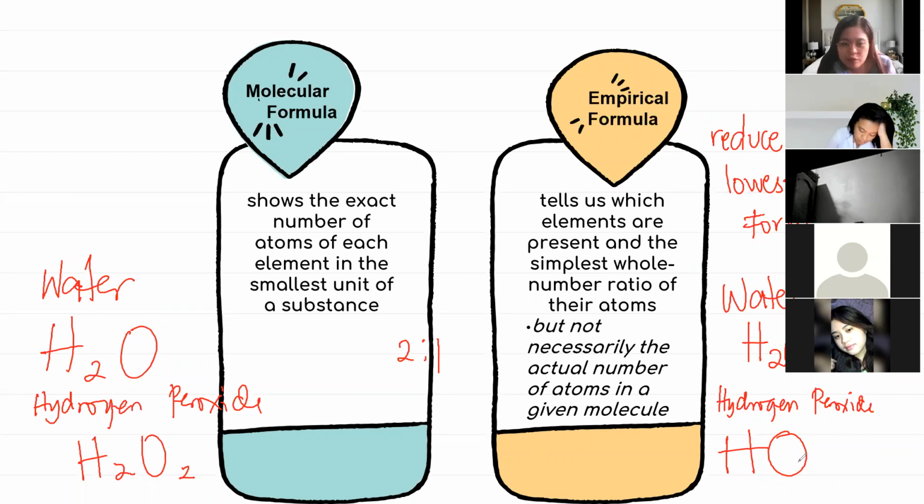The molecular formula is really the correct chemical formula because it shows the definite and exact numbers of atoms for each element. But the empirical formula is reduced to the lowest terms. So if it can still be reduced, we really reduce it, like hydrogen peroxide, since both are 2, their common factor is 2. When we reduce it, it becomes just hydrogen and oxygen.